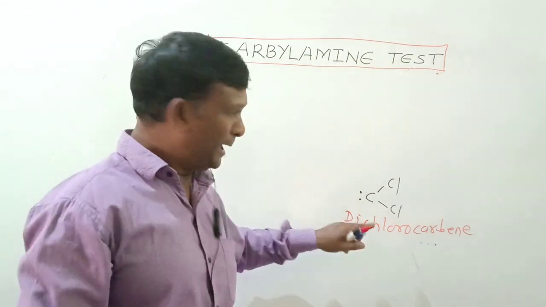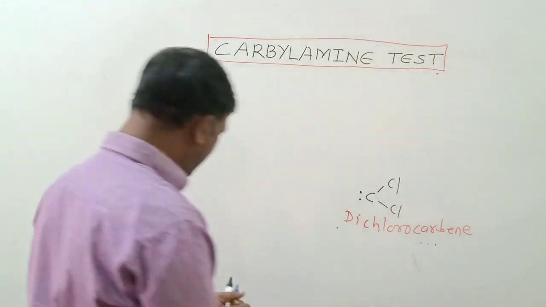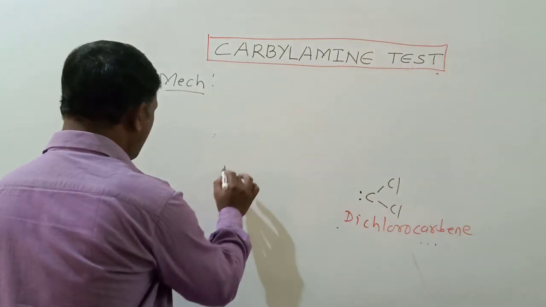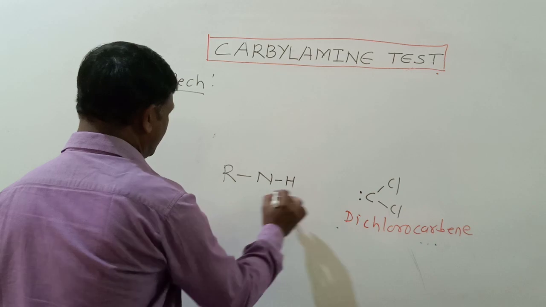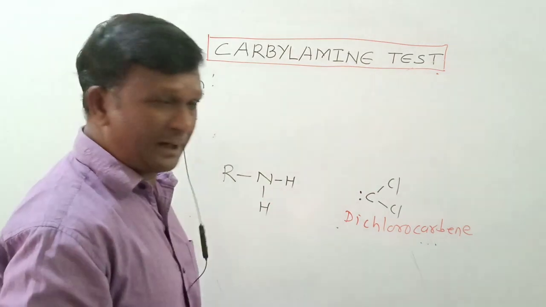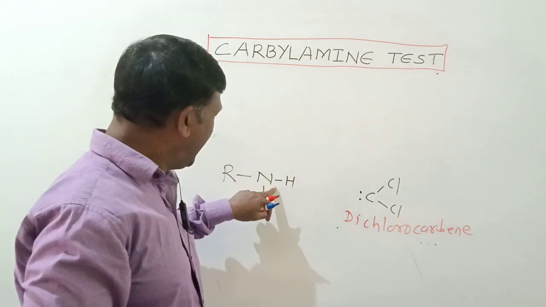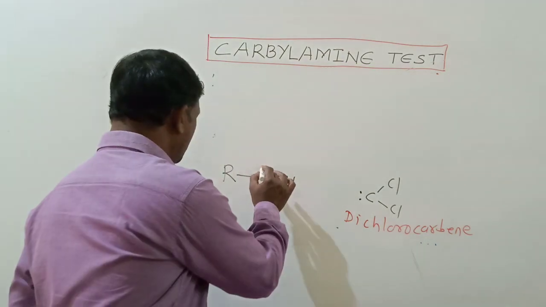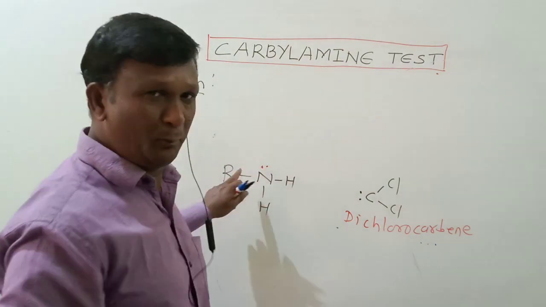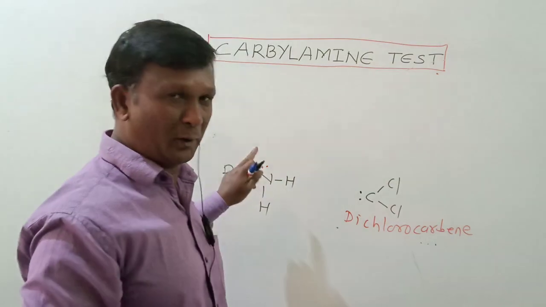Now this dichlorocarbene, for the sake of electrons, will attack the nitrogen of the primary amine, because this nitrogen has a lone pair of electrons on it.